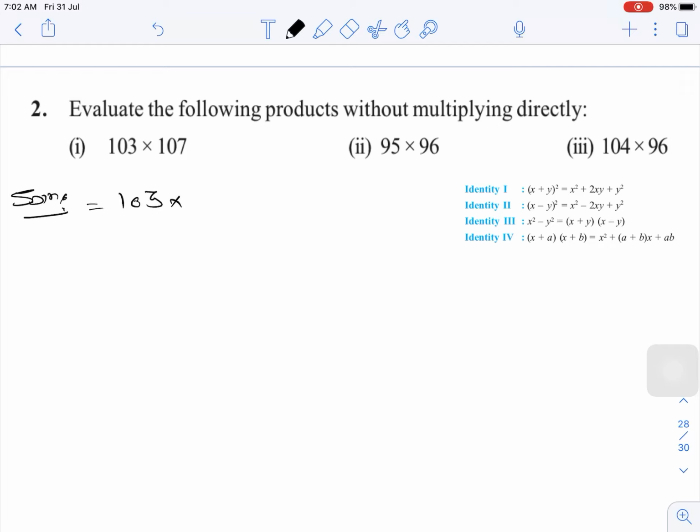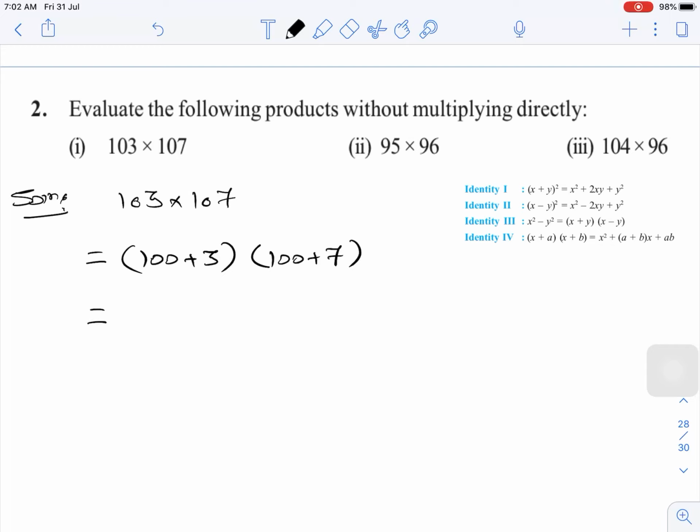Now 103 into 107 equals to, now we have to write these numbers in such a way that one of the numbers must be repeating. So 103 can be written as 100 plus 3, and 107 can be written as 100 plus 7.